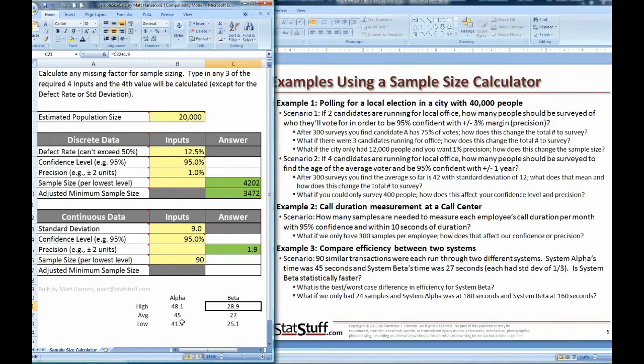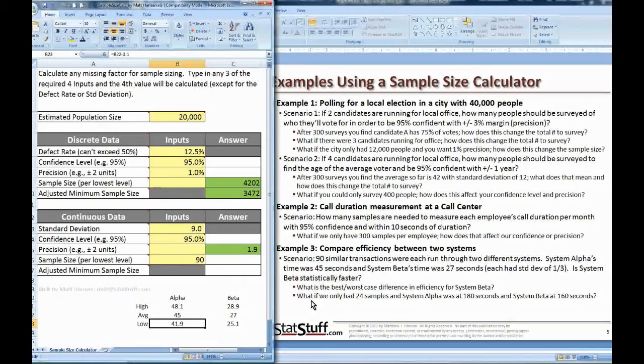The fact that there's such a big gap between the 28.9 for system beta, their worst case, and alpha's 41.9, their best case, tells me that system beta is actually statistically faster, because on the worst day for beta and the best day for alpha, beta is still going to be much faster. This gives me confidence in knowing the difference in performance between both systems.